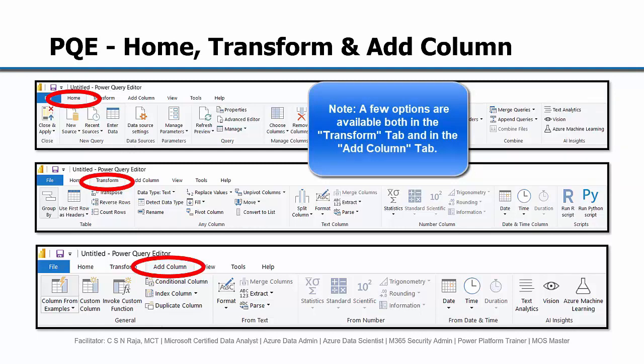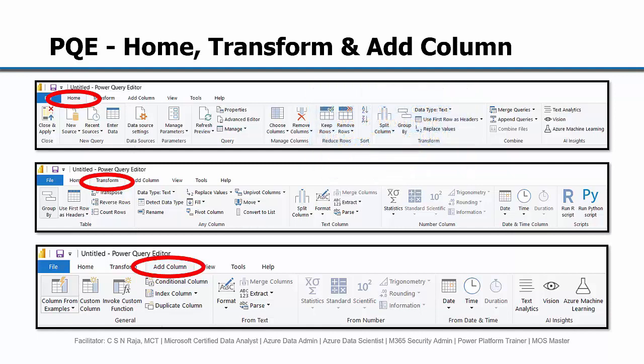Because you may be performing an action, say for example, creating a column either by transforming an existing column so that the original column is thrown out, or you will be adding a new column from an existing column so that you retain both of them. So there is a major difference between the actions you perform in the transform tab and add column tab. Please make a note of that.